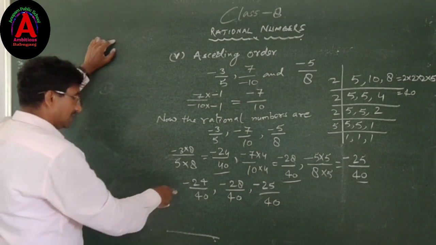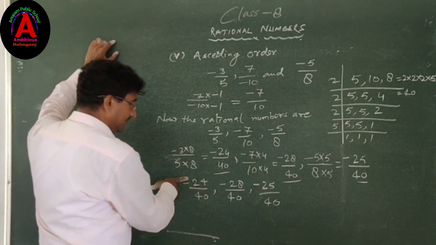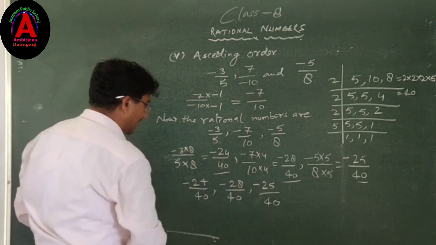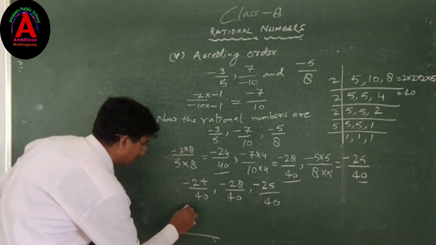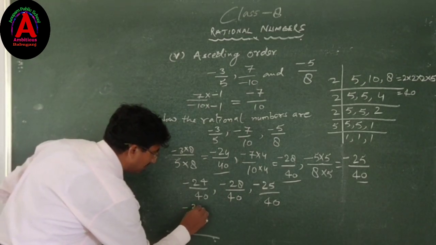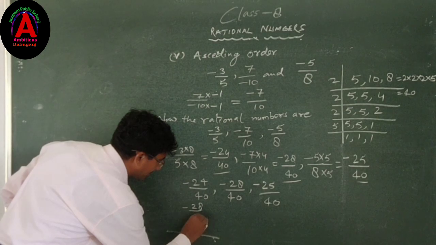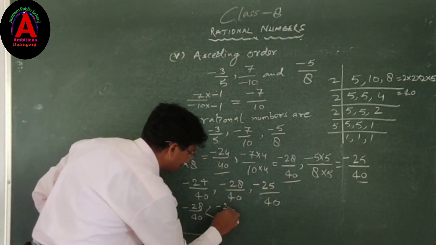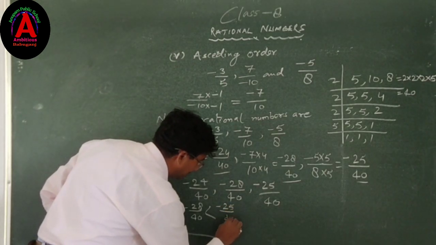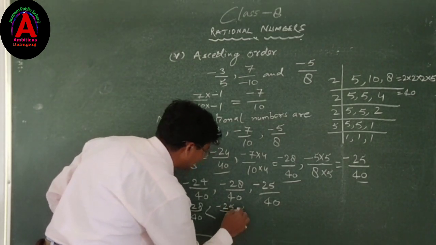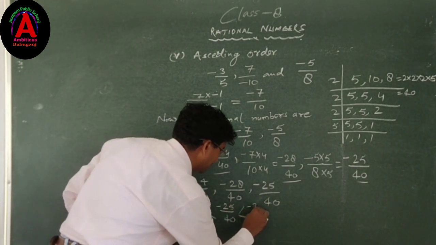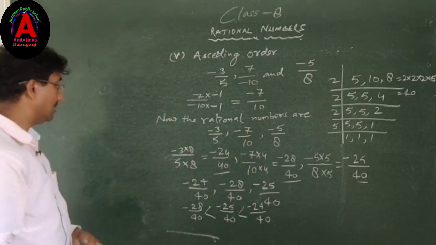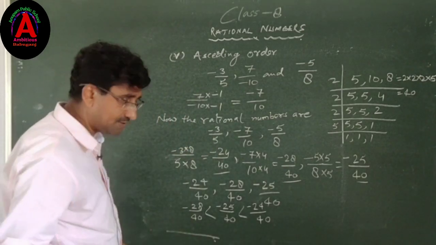So first we write minus 28 by 40 is lesser than minus 25 by 40, and is less than minus 24 by 40.